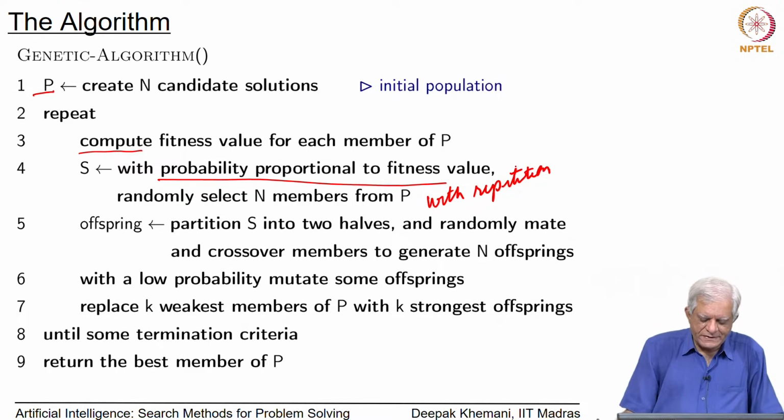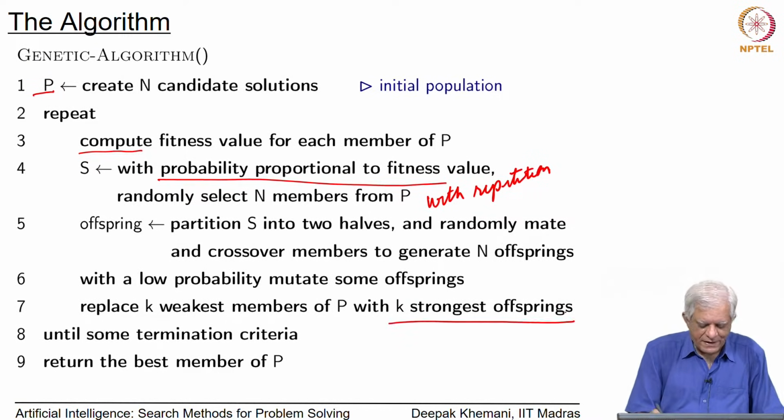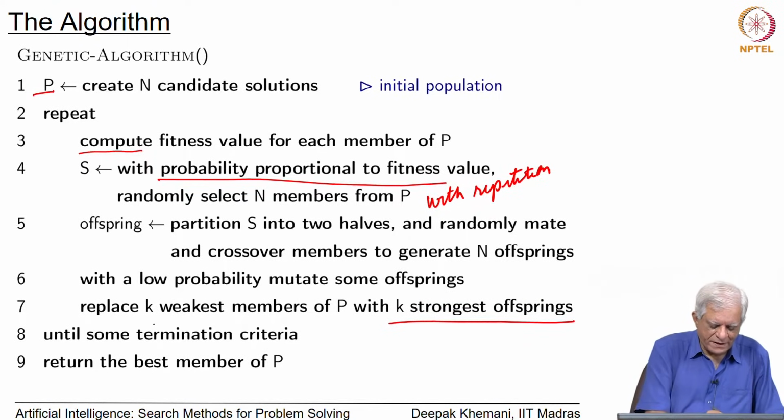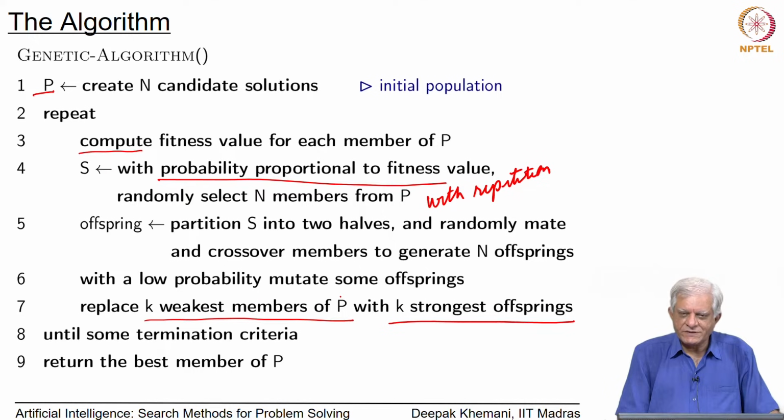Then from these selected candidates, we produce the set of offspring, and that we do by partitioning the set S, that is the fitter candidates, into two halves and randomly mating and crossing over members to generate n new offspring. And from these offspring, we take the k most fit or strongest offspring, and we replace the k weakest members of P, the original population we started with, with these new members.